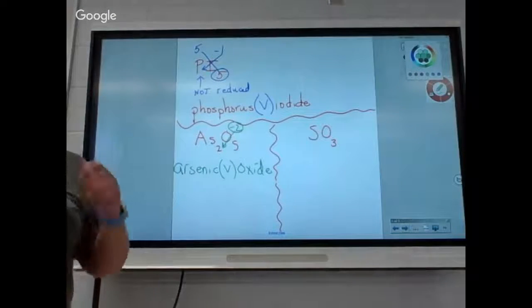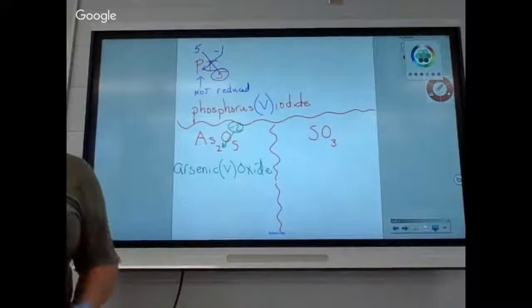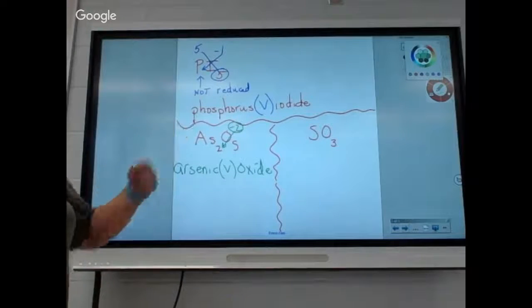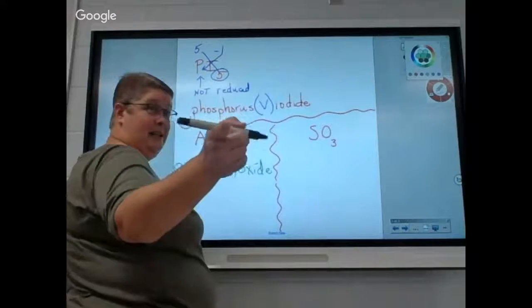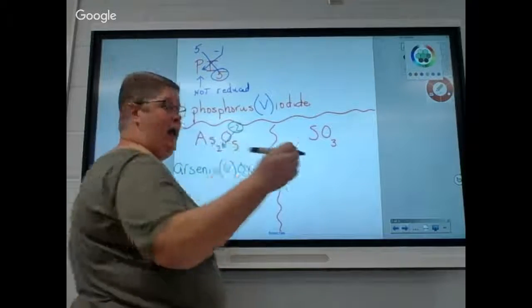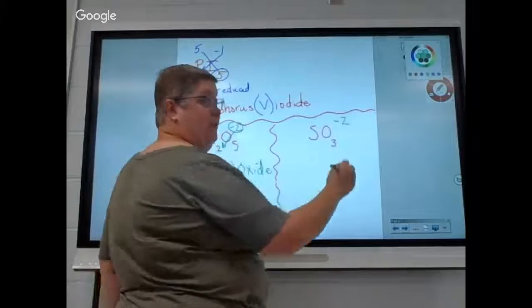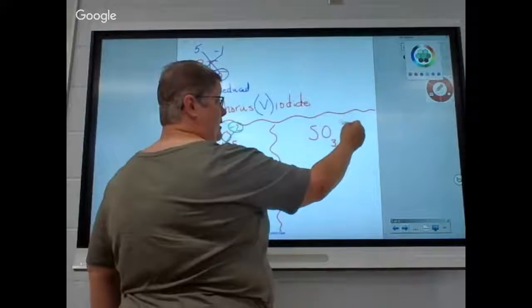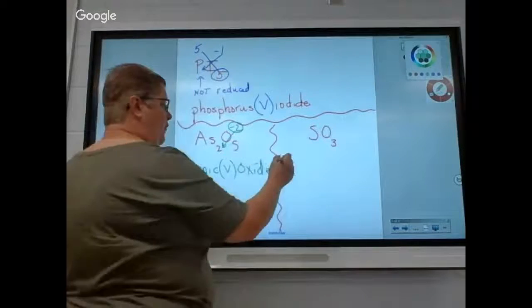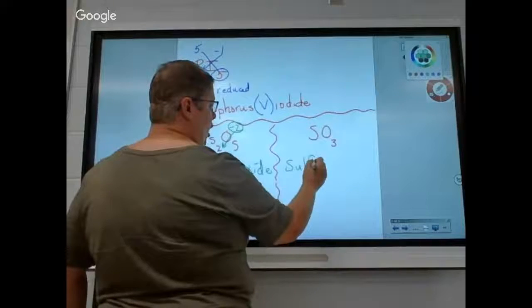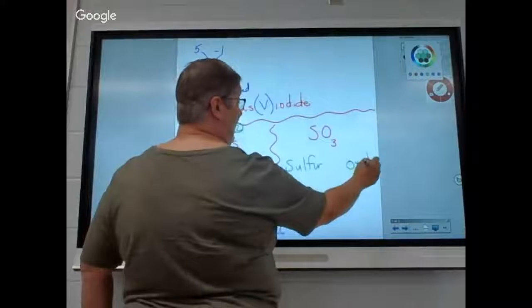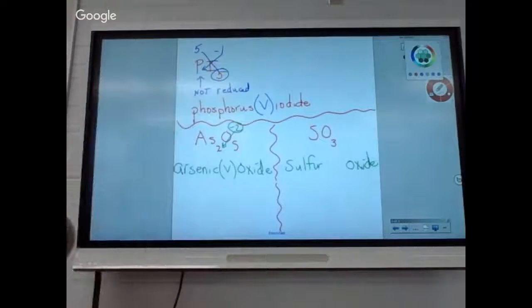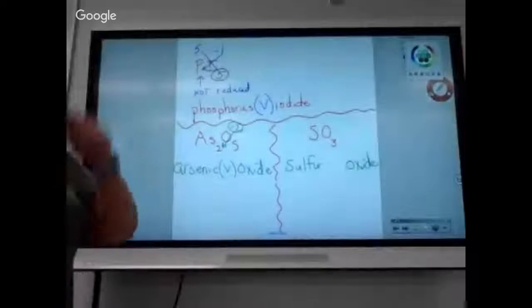Now, look at SO3 to see how it's different. S is what? No, it's not sulfite. That is a polyatomic ion, and to be sulfite, it would need a -2 at the top. So it's not a polyatomic ion. S is sulfur, O is oxide, binary. Now, was it reduced?